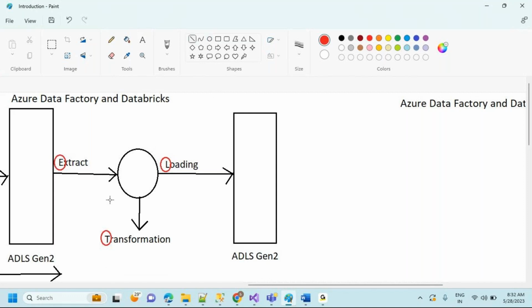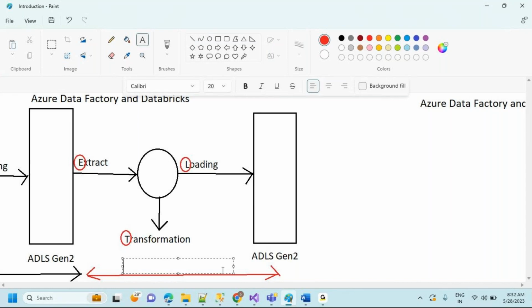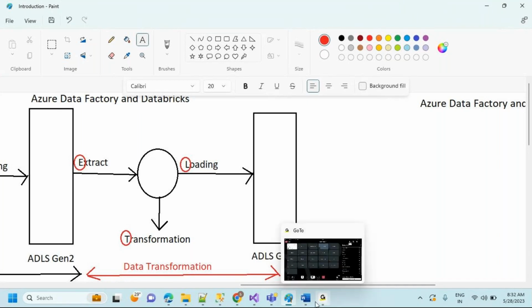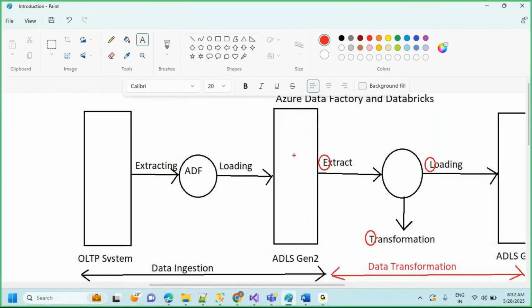So this part we can say is data transformation. Basically, data ingestion means just extracting and loading data, sir? Exactly. Data ingestion is extracting and loading.